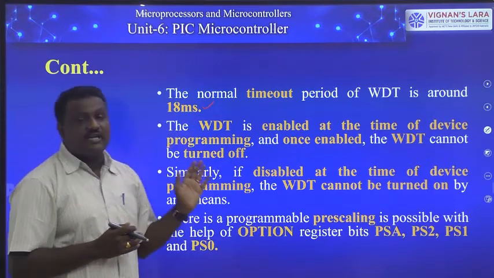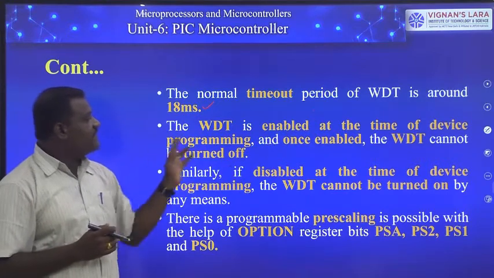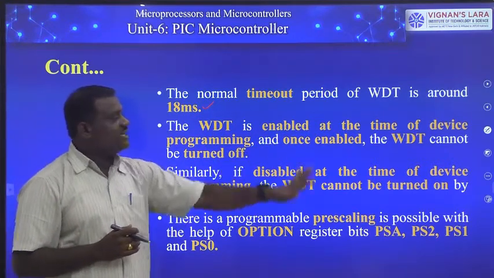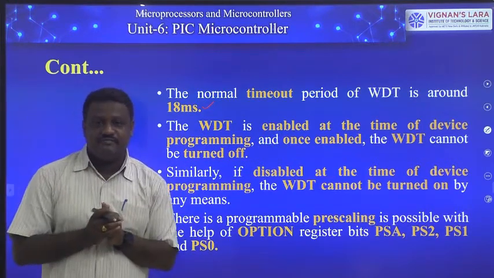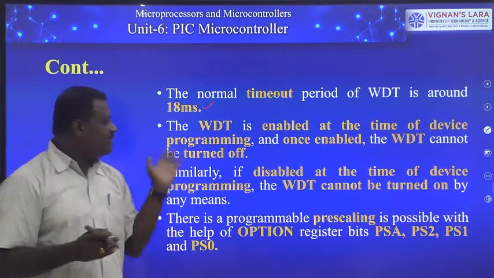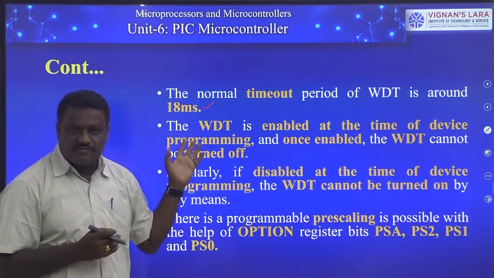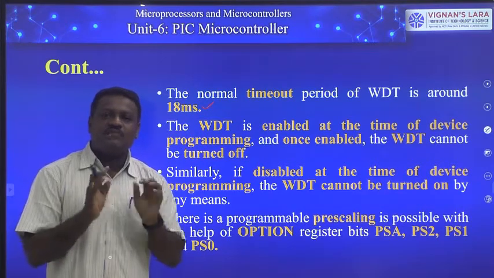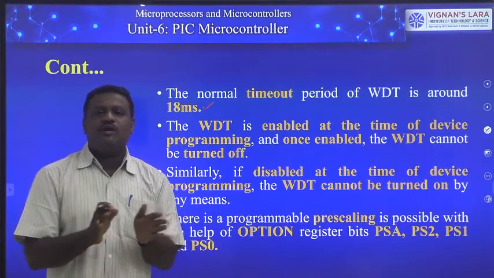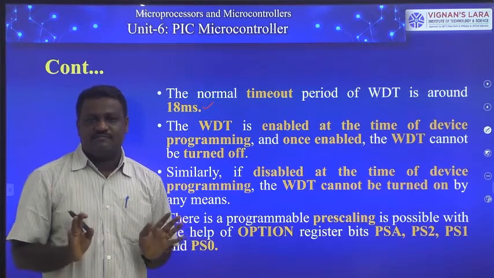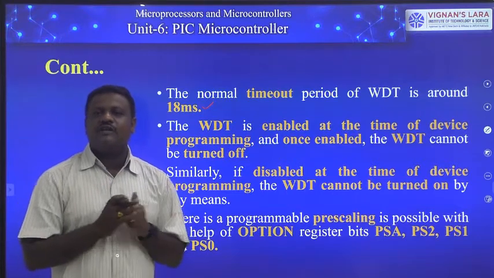The watchdog timer is enabled at the time of device programming, and once it is enabled, the watchdog timer cannot be turned off. When you are programming your device, your watchdog timer is automatically turned on. Once it is turned on, it cannot be turned off for any reason. It is a continuously running condition.